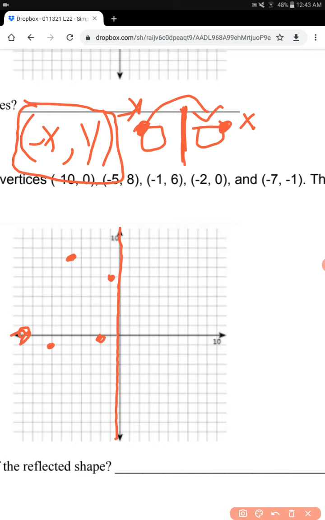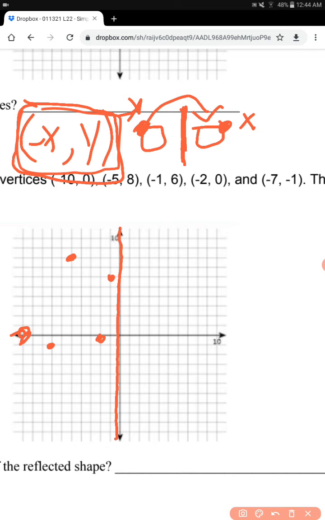So instead of counting, like how much is this? This is 7, and I'm gonna count 7 this way. Instead of doing all that, we can just change these points using this formula.